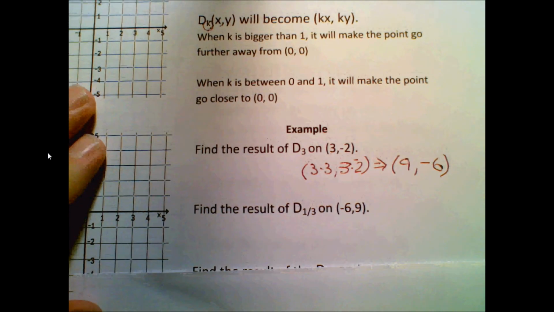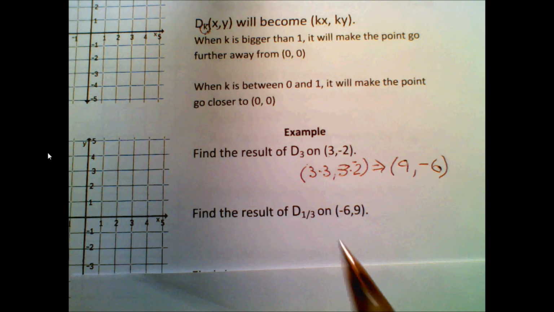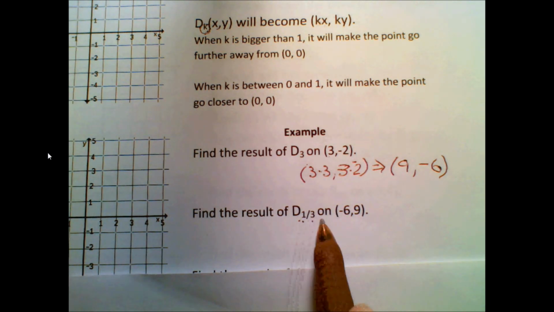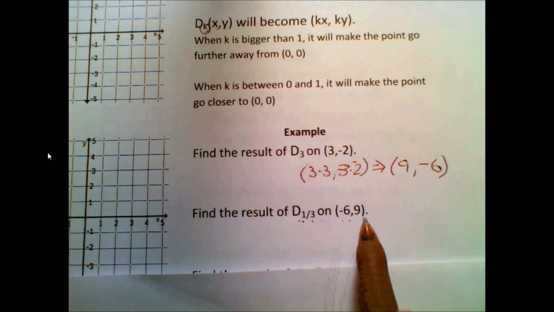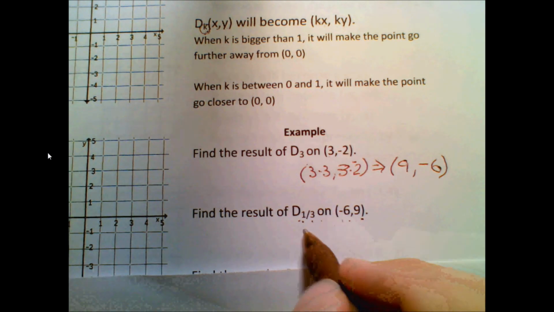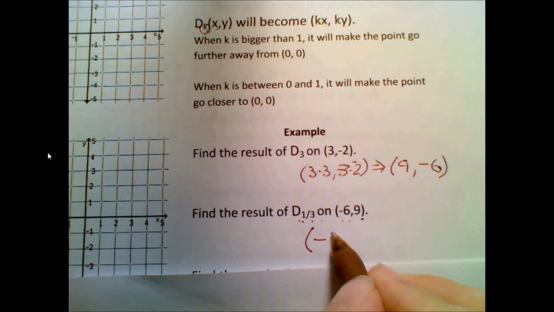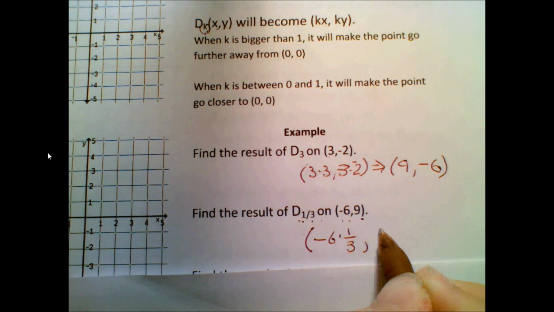Now, try one with a fraction. Find the result of the dilation of a factor of 1/3 on the point (-6, 9). We do the same exact thing we did before. So you do -6 times 1/3, comma, 9 times 1/3.